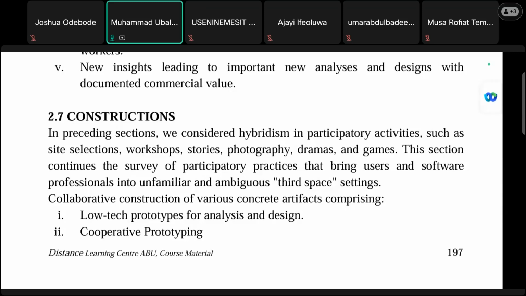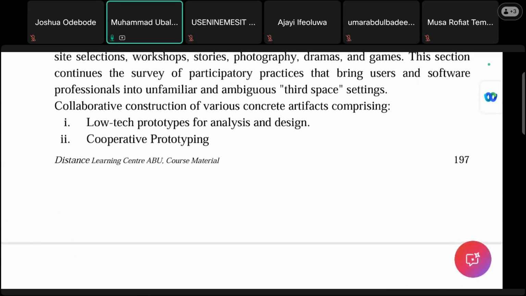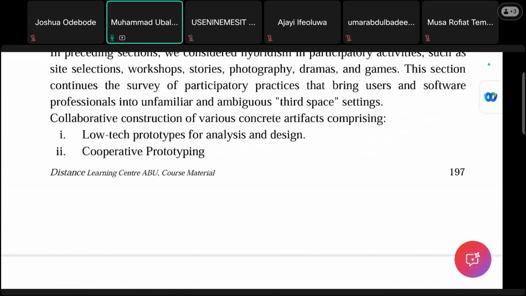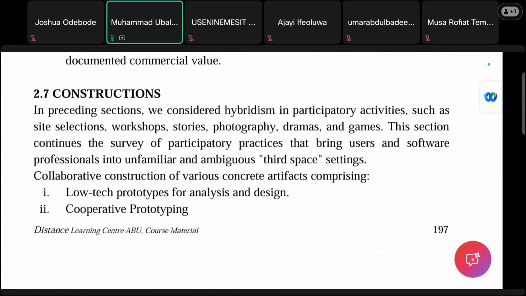Collaborative construction of various concrete artifacts comprising of the following. Number one, low-tech prototype for analysis and design, cooperative prototyping. So these are the major two prototypes we'll be talking about. What this is trying to say is that since the beginning of this chapter, we have been discussing hybridism in participatory activity, and hybridism means hybridizing two or more techniques in solving a particular problem.